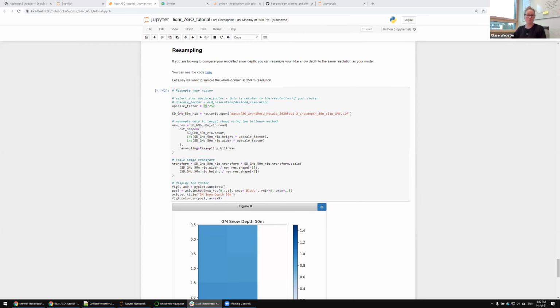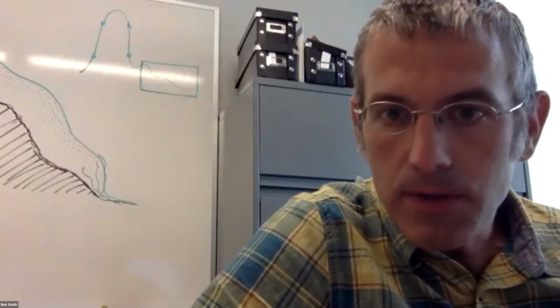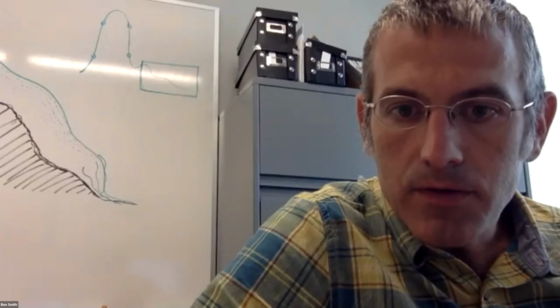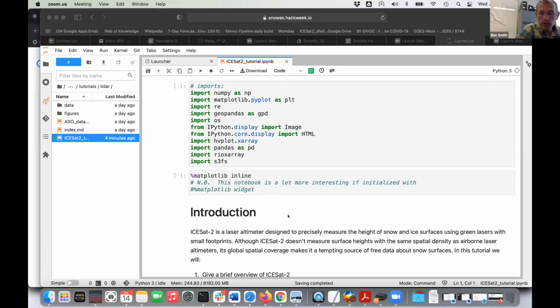Okay, then Ben, I will just pass over to you. I can't work out how to stop share. There we go. Okay, thanks, Claire. Great tutorial. I'm going to try and share my screen. All right, there we go. And yell at me if my font sizes are no good or if you stop hearing me or anything.